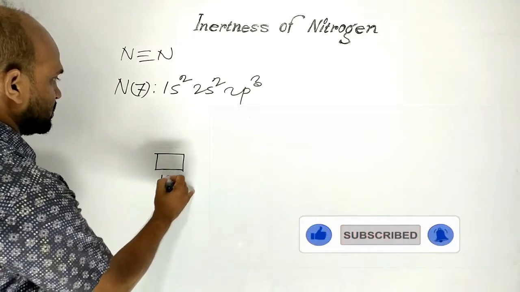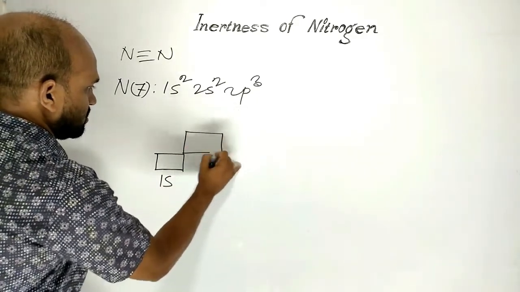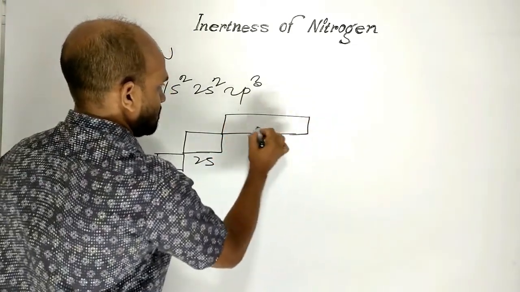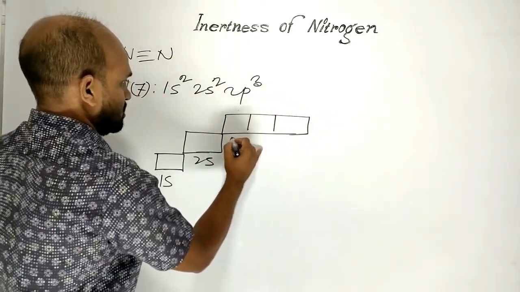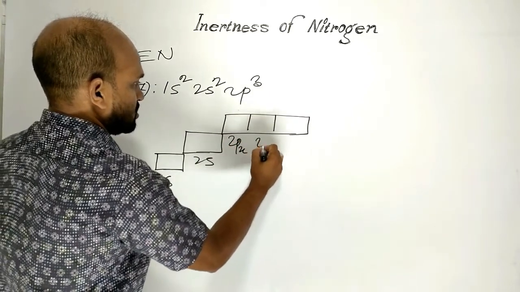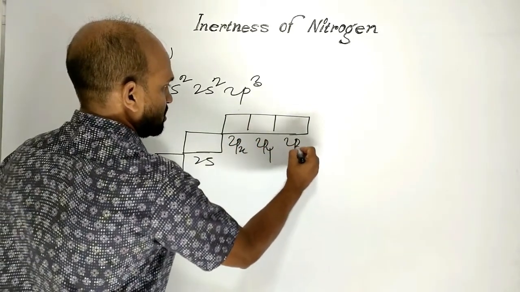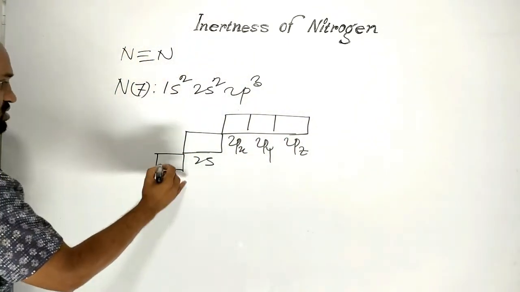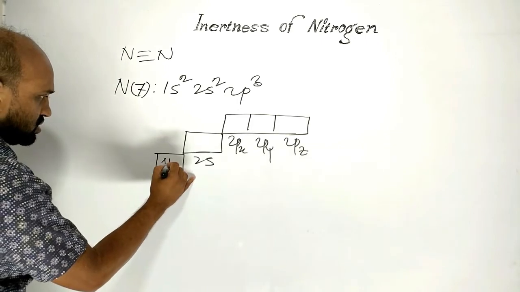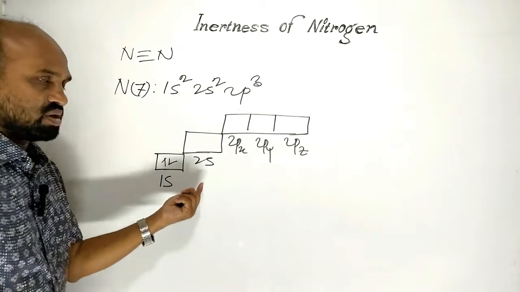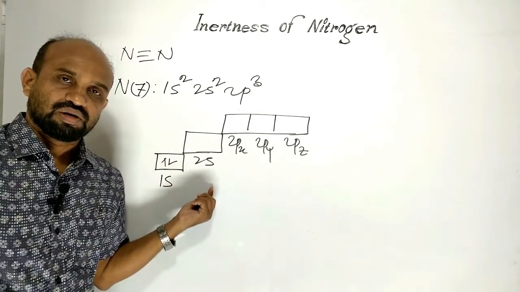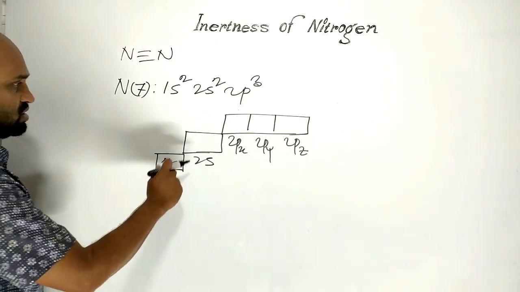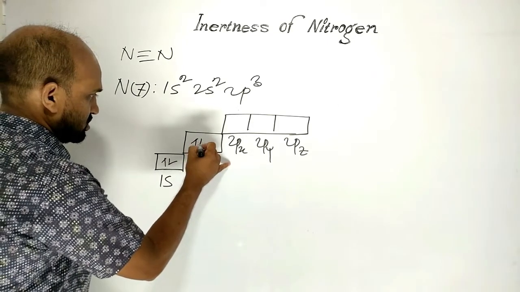This is the 1s orbital. This is the 2s orbital. And these three are 2px, 2py, and 2pz. The 1s orbital contains 2 electrons. According to the Aufbau principle, electrons will enter lower energy orbitals first, then 2s.